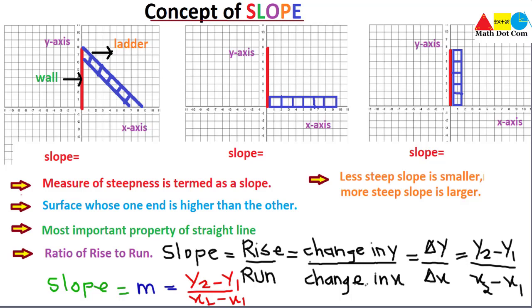If I say one line is like this and one line is like this, and I ask you which line's slope is larger as compared to the other, how will you decide it? You will decide it on the basis of its steepness. Steepness means how close it is to being perpendicular, or vertical.